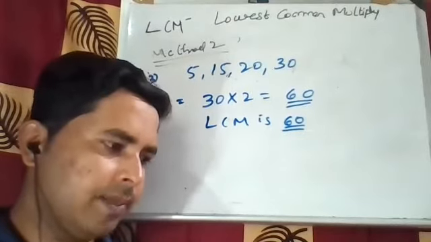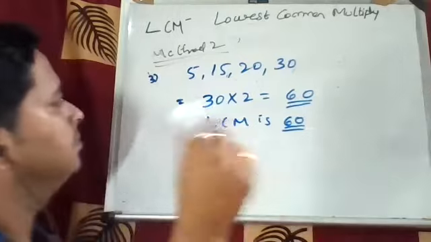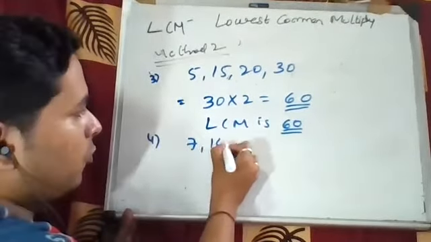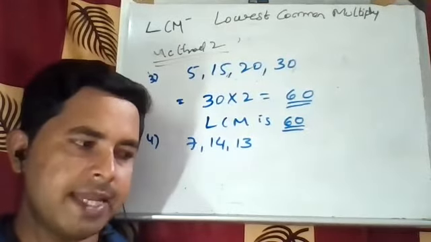Similarly, I'll give one more example. You people try 7, 14 and 13. What is the LCM?